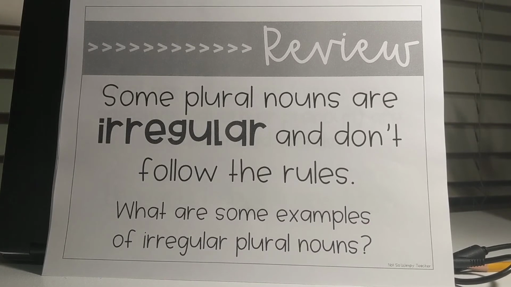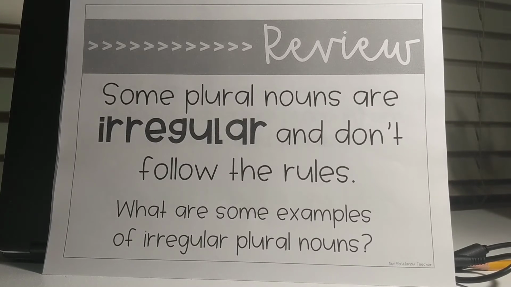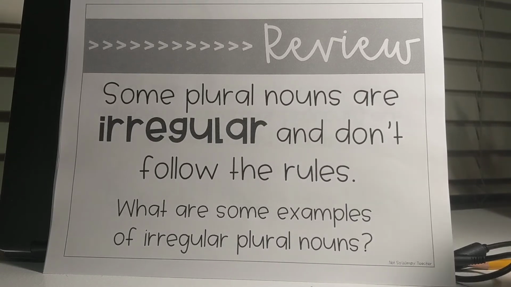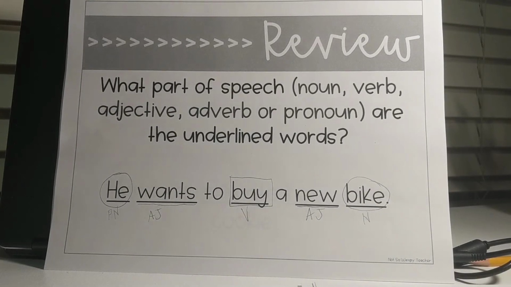What do you think are some examples of irregular nouns? One that comes up a lot is one child is a child, but more than one is children. So you change the word quite a bit instead of just adding s.